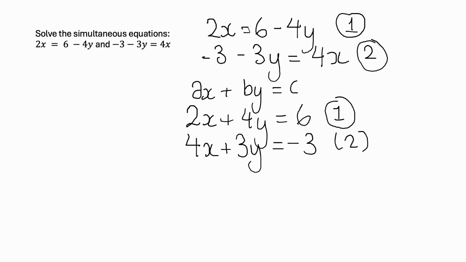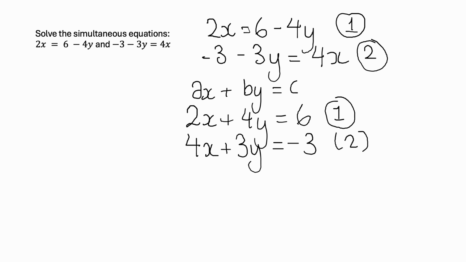So the next thing we need to do here is try and match either the x's or the y's together. So for instance here, we need to make the numbers next to the x's the same. The top one we've got 2x, but the bottom one we've got 4x.